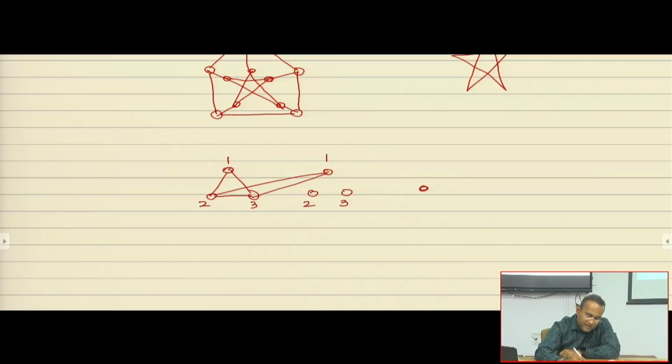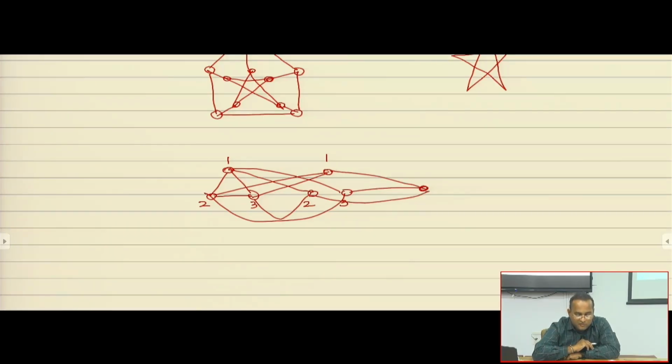Adjacent to 1 and 2 will be adjacent to 3. 3 will be adjacent to 1, 3 will be adjacent to 2, right? And this is adjacent to this. So what is delta? Delta is 4.